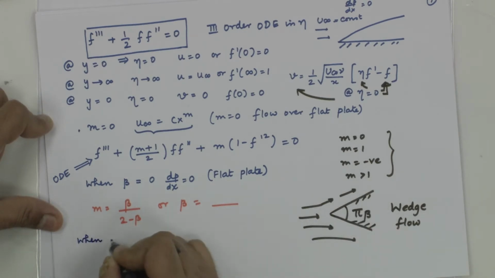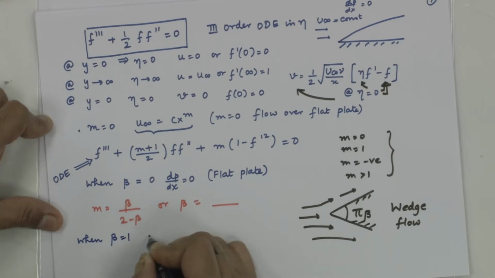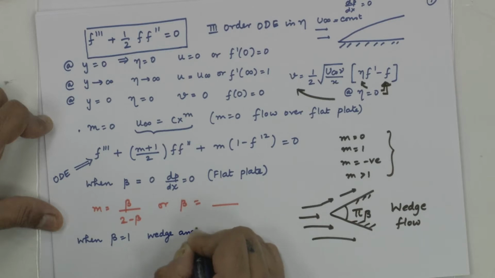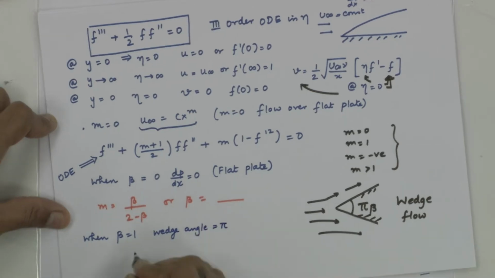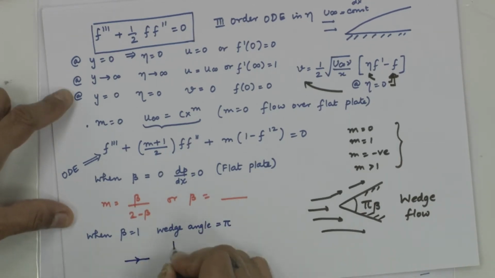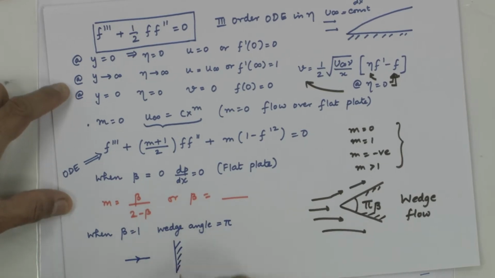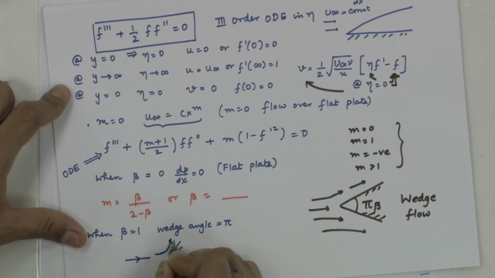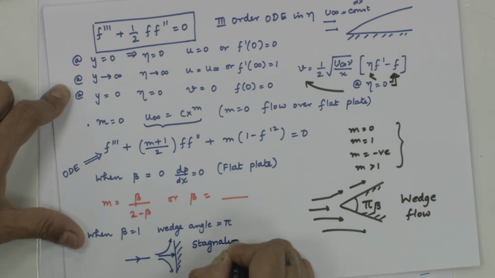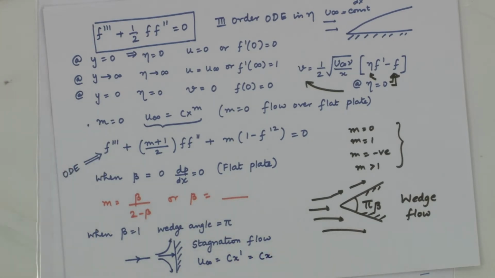When beta equal to 1 or the wedge angle is pi, it represents the case of flow hitting a vertical plate, and this is called a stagnation flow problem. Stagnation flow problem, u infinity is Cx to the power 1, which is Cx.